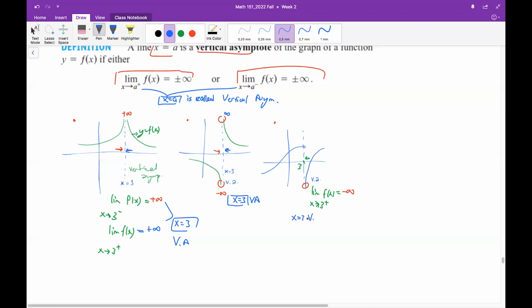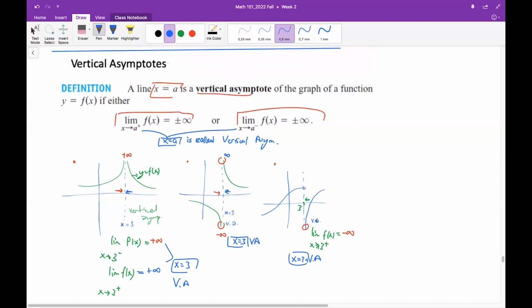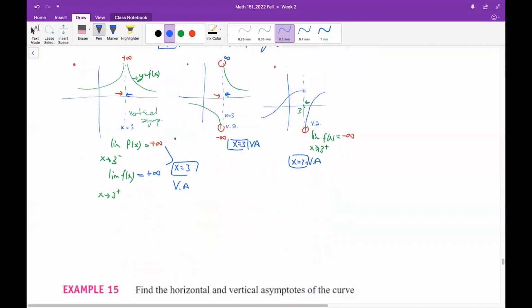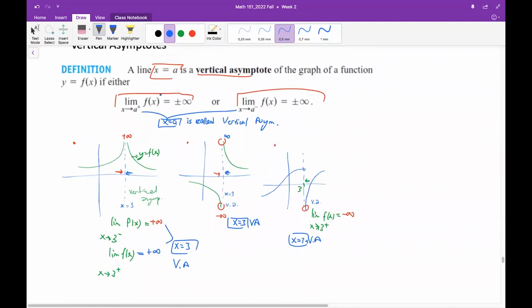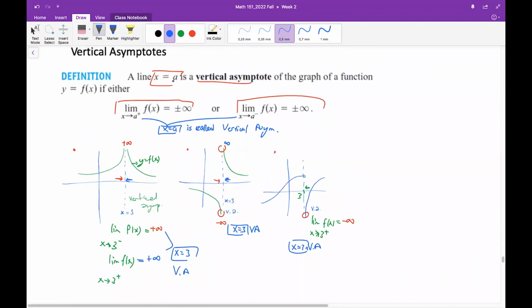So all you need to do is to look at the limit around the zero of the denominator. If this limit becomes plus or minus infinity in one direction of that number, then this is enough to conclude that x equals a is a vertical asymptote, okay?